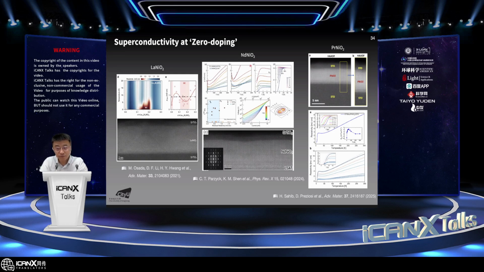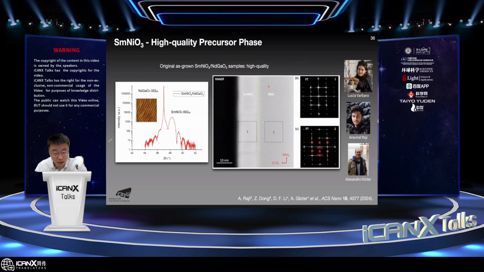Okay. So for these smaller lattice constant efforts, at the beginning, we would like to see whether we could stabilize the infinite-layer phase in the pure samarium nickelate compounds grown on neodymium gallate substrate.